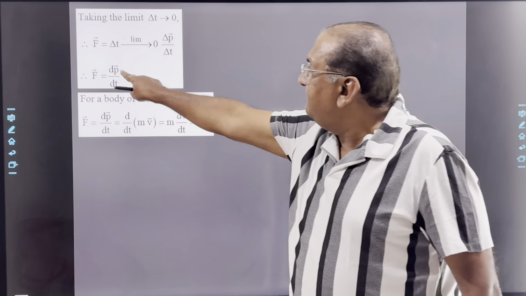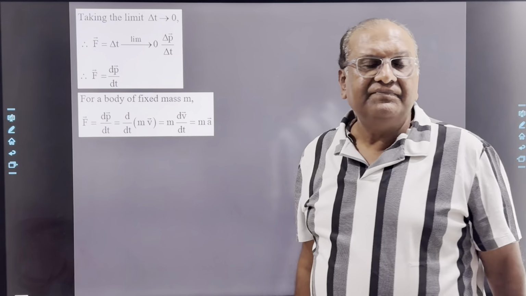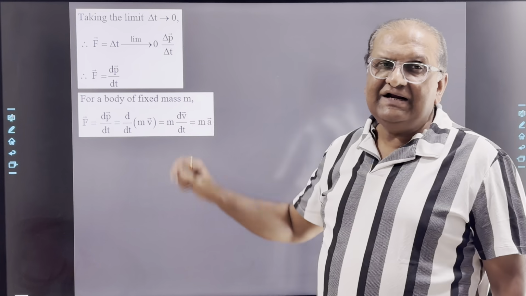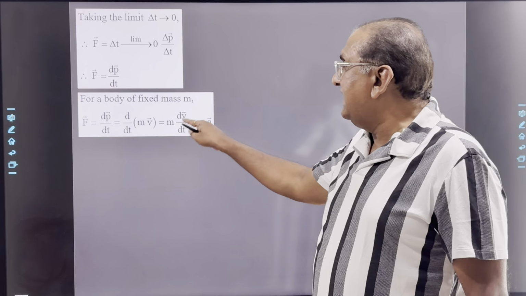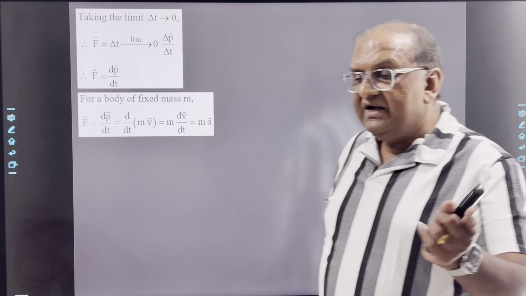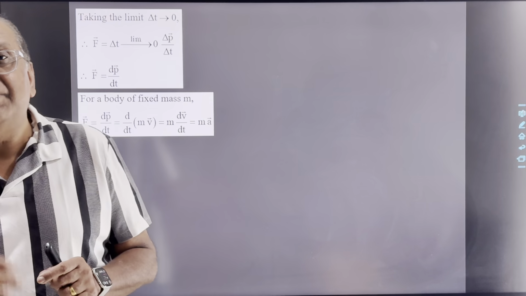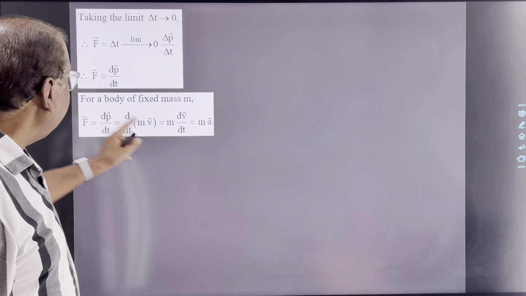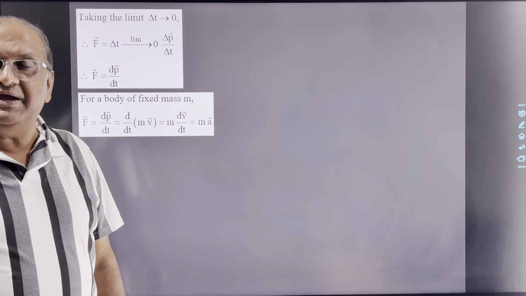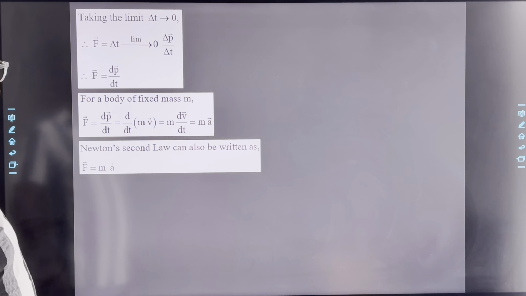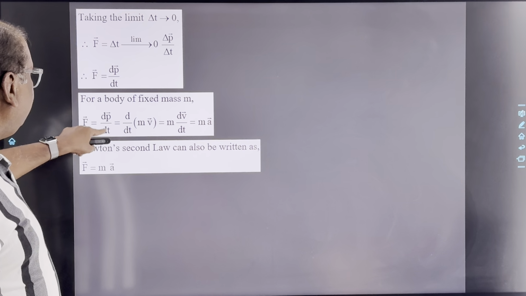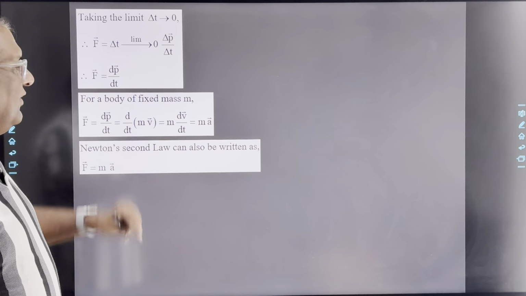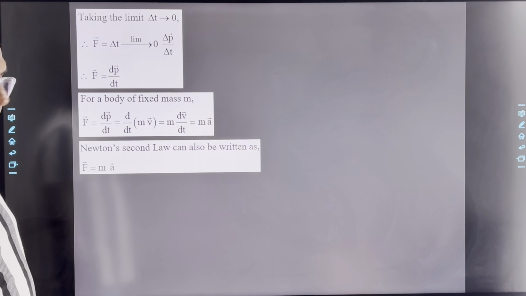So in this equation, if we replace P by mv, mass is constant, so take it outside the differentiation. So we can write mass into dV by dt, the differentiation of velocity with respect to time t, that is the acceleration. So we can write F equal to ma. So the second law of motion, F equal to dP by dt, is equal to ma. This is another form of the second law of motion.